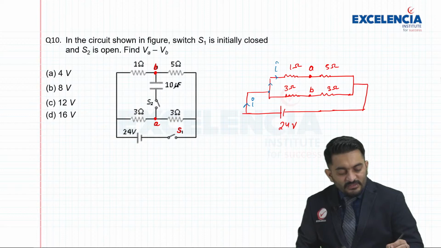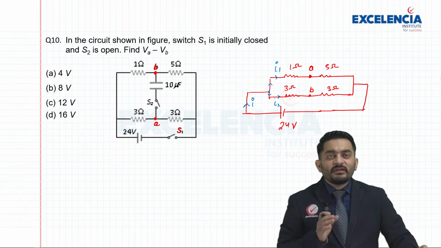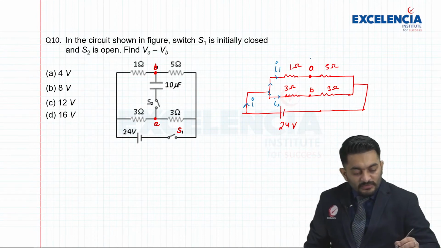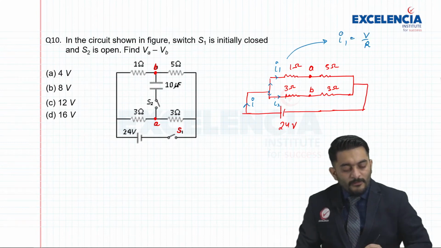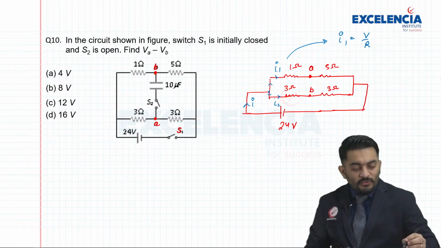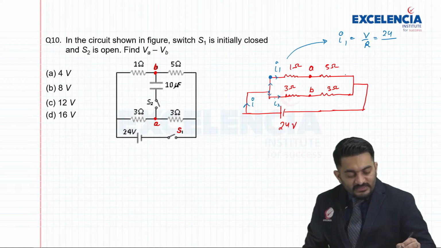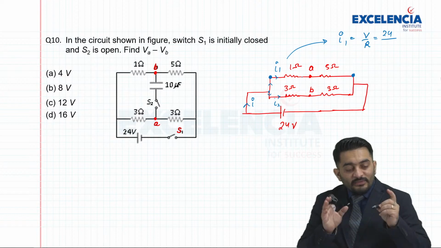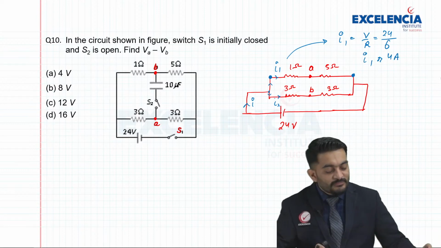The current in the upper arm is I1, and the current in the lower arm is I2. I1 is V over R. The total voltage is 24, and you take the equivalent resistance in that arm, which is 6, so 4 amp is the value of current for I1.